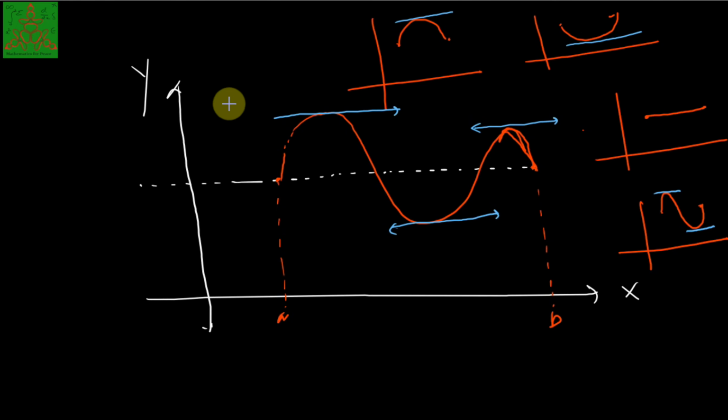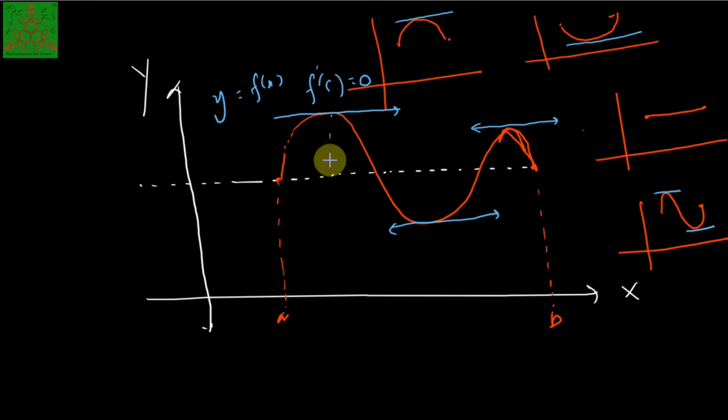If you have a function y equals f of x, and you want to calculate the tangent at any point, then we know that you can calculate it with the help of its derivative. And a tangent whose slope is 0 means f dash of c is equal to 0.